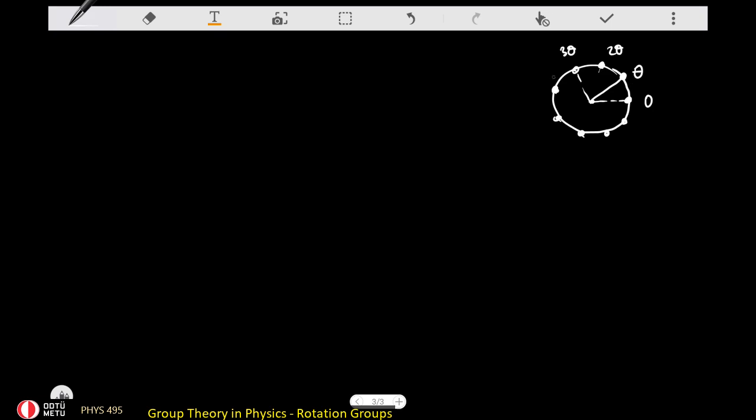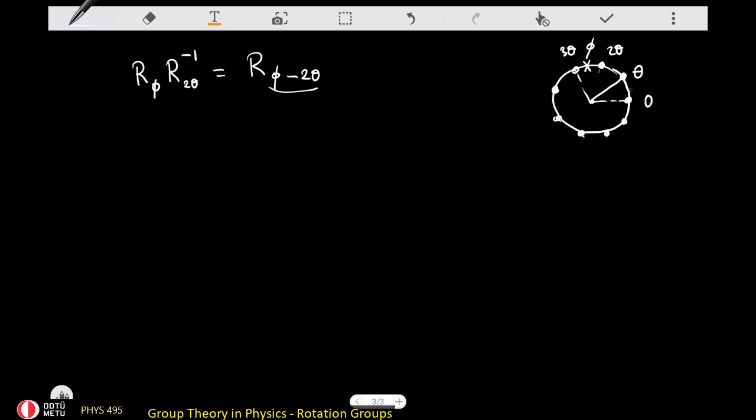So if it appears that there is also some angle somewhere in here, between 2 theta and 3 theta, let's say this angle is phi, then if phi is in there, I know that R of 2 theta inverse in composition with R phi is basically a rotation with angle phi minus 2 theta.